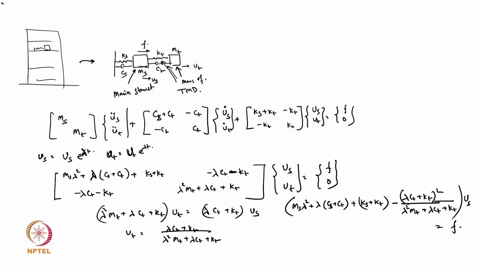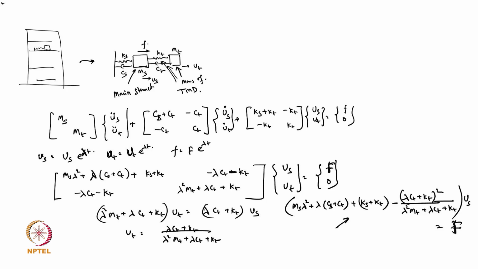So here basically what we do, we try to express what should be the frequency response function of that displacement. Suppose we are giving an excitation force having a frequency, so here obviously f is also f into e to the power lambda t. So I can just substitute here f, that will be capital F, the amplitude.